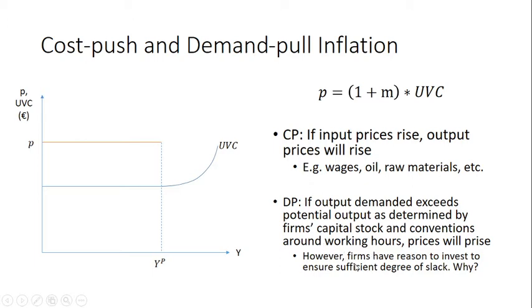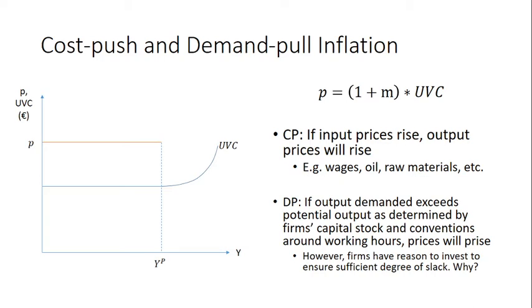At the same time, within post-Keynesian theory, firms have clear reason to invest to ensure a sufficient degree of slack. It's not normally the case that we expect firms to operate at full capacity 100% of the time. Why? Well, if you're at full capacity 100% of the time, it means that if you have a slight increase in demand the next day, you simply cannot fulfill it in time, right?